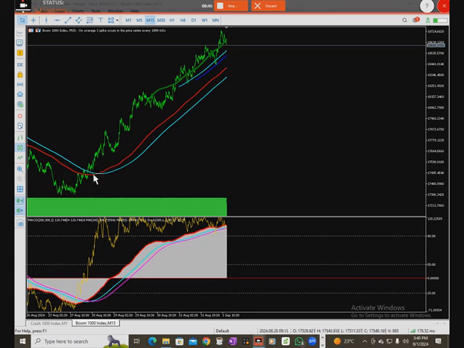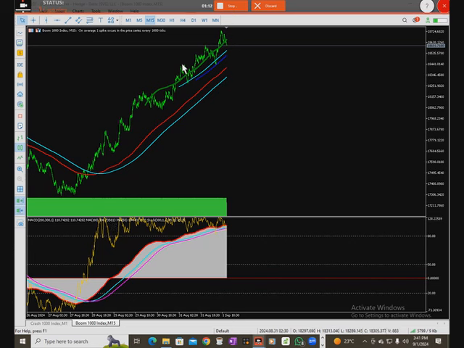When you want to go with the spikes, here is the only way to find out where the market goes on M15.